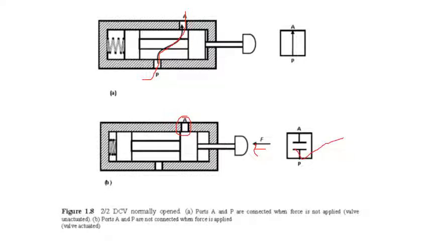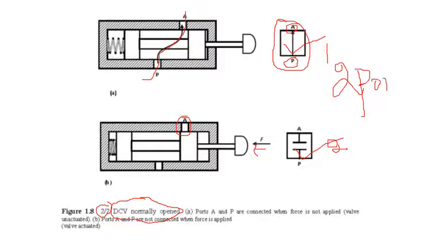In the first stage, port P and port A are connected. This is the first position, this is the second position. Because of this, it tells us it is a normally open valve. So it is 2 by 2, meaning it has two ports, port P and port A.